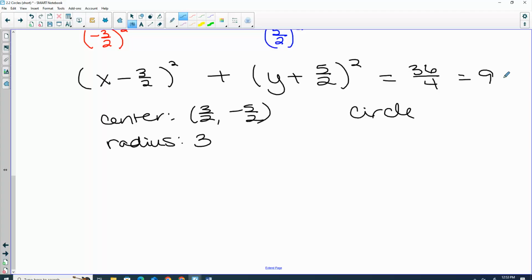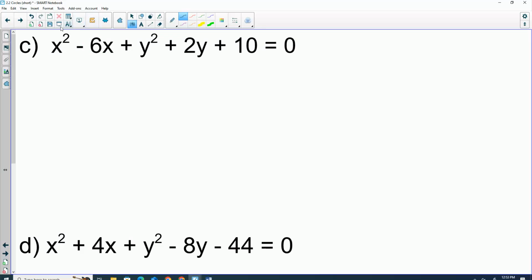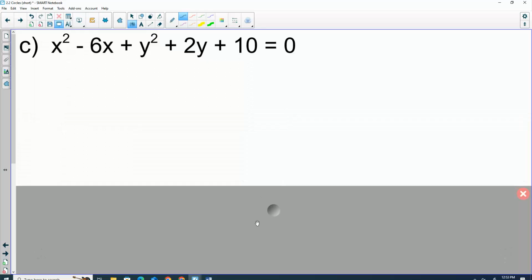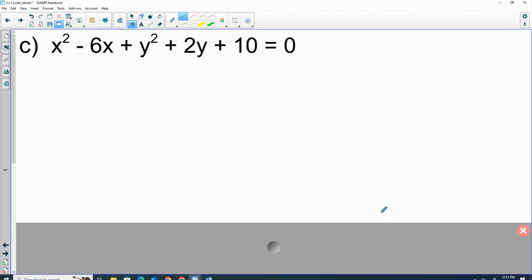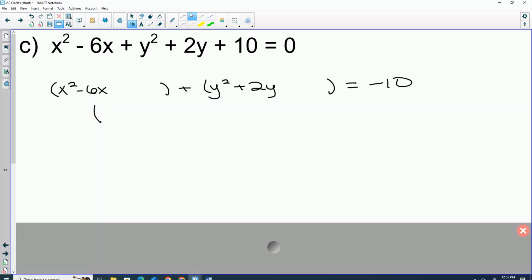Do you guys want to try it on your own first, or should we do it together? Try it? Okay. Group your x's together, group your y's together, bring your 10 to the other side.